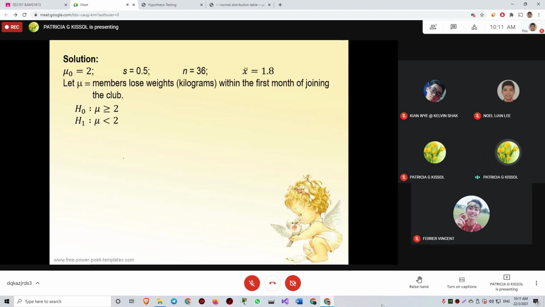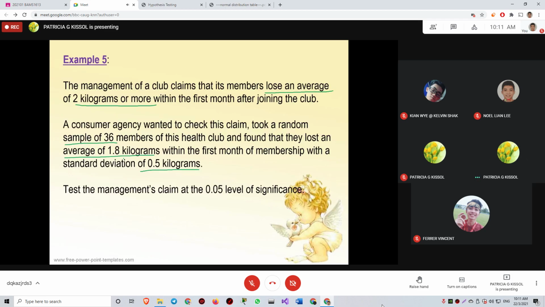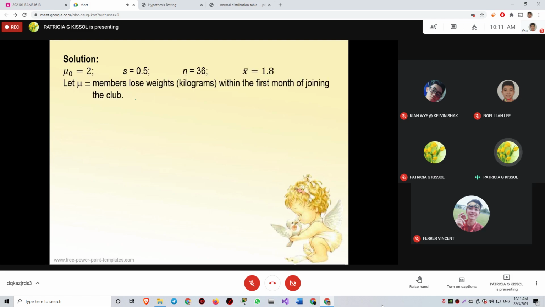And the hypothesis is this. Comparing with the question, the claim is 2 kilograms or more. That's the claim. So you can see the hypothesis is that, but the alternative is basically that it's less than that.